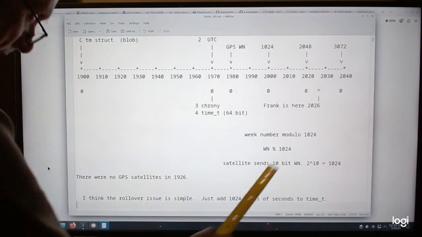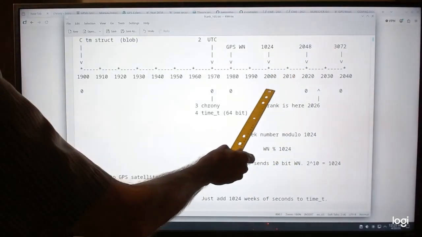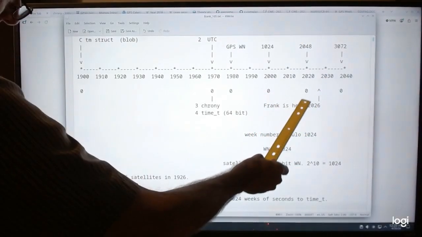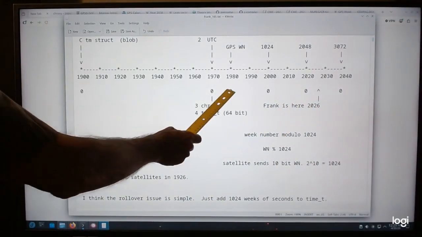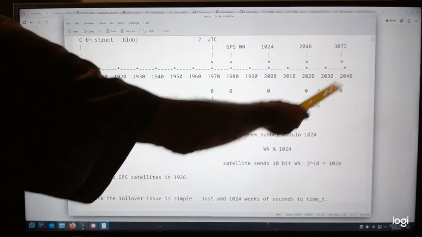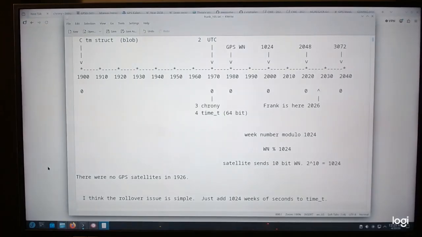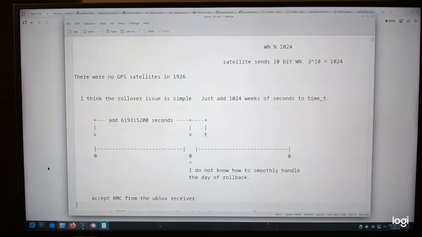So the week numbers are a modulo 1024. So they start back over, kind of like the decimal system, like 0 to 10, 10 to 20, 20 to 30. It's not that hard, in my opinion.